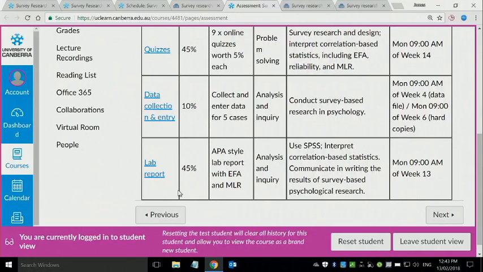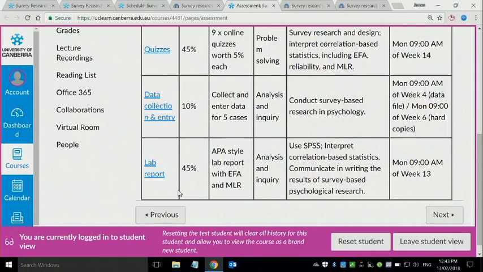And the lab report is really going to test your lab knowledge. You'll get the theoretical knowledge in lectures, but then you'll get the hands-on practical doing multiple linear regression and factor analysis. We'll be doing that in the lab.